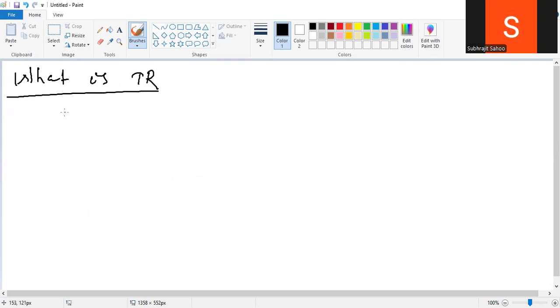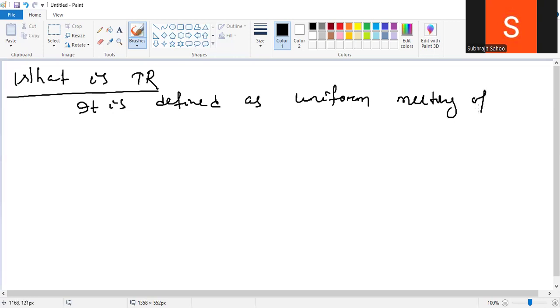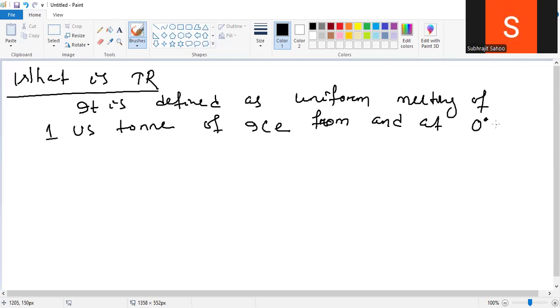Very simple. It is defined as the uniform melting of 1 US ton, not only 1 ton, 1 US ton of ice from and at 0 degrees Celsius in 24 hours.